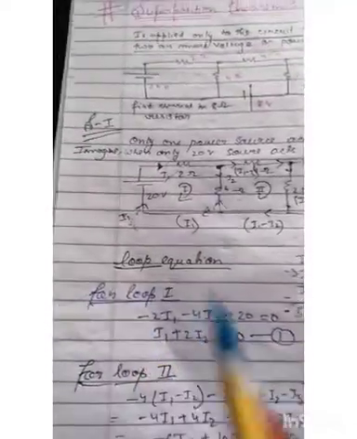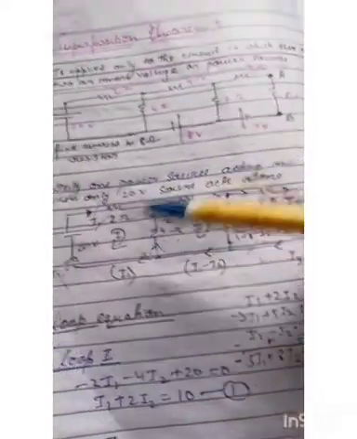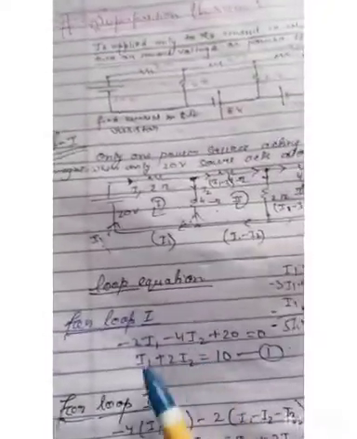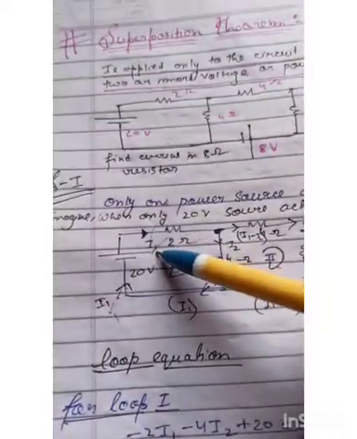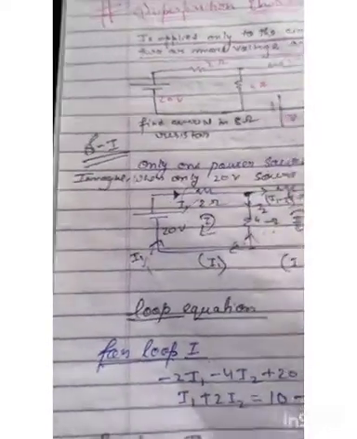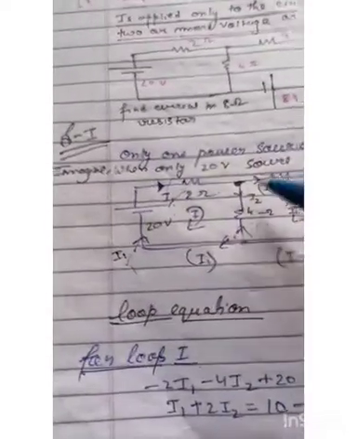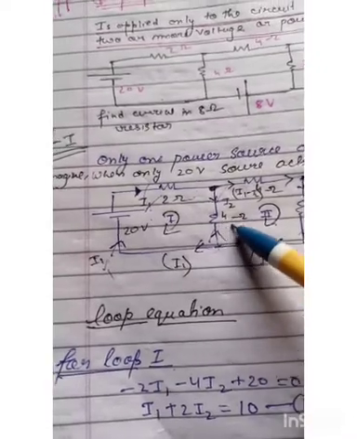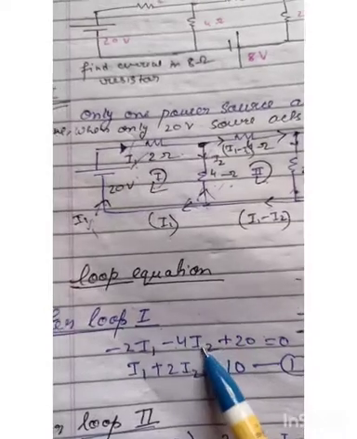Now we will write the loop equation. How many loops do we get from it? We get 3 loops. Loop 1, loop 2 and loop 3. For loop 1, the current I1 and the resistor 2 ohm are in the same direction, then we take the negative sign, minus 2 of I1. Now here I2 is going down and the 4 ohm resistor is going down. Both are in the same direction, then we write minus 4I2.